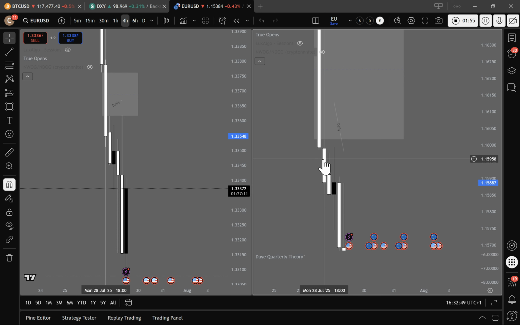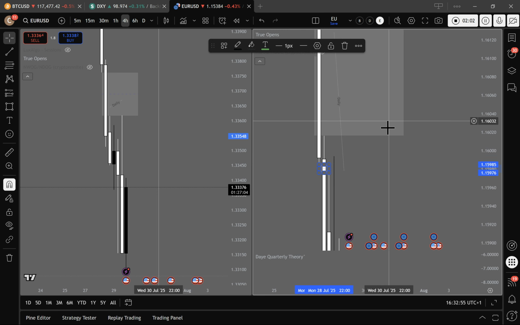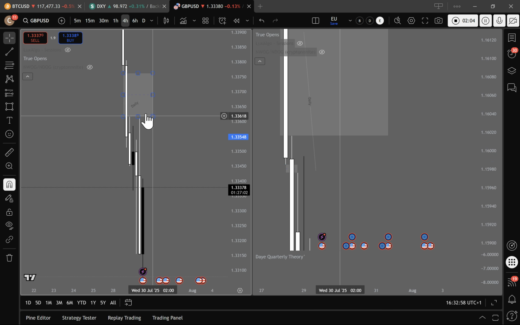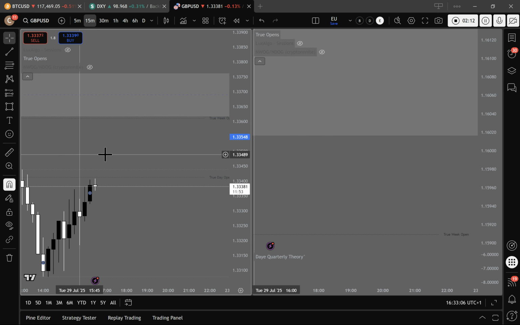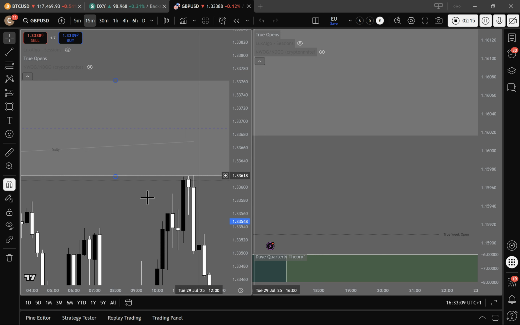So these are the lining candles, as you can see when I'm highlighting it. We did fill it on EU, but it's very small. I just feel like this one is more valid, but then arguably this one is the EU one, so here. But anyway, maybe we don't even fill that, it just wicked into it barely.